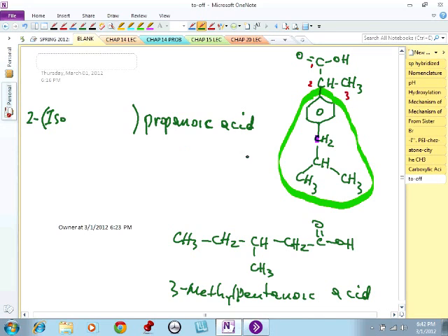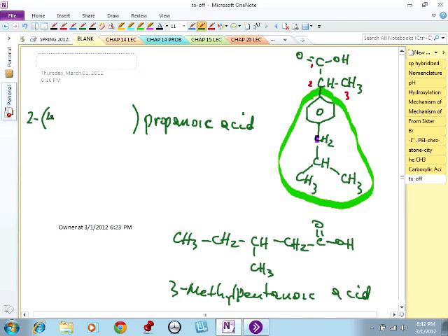Iso because it's 4 carbons, and this is the iso group. We have to tell the position of that isobutyl group on the phenyl ring.